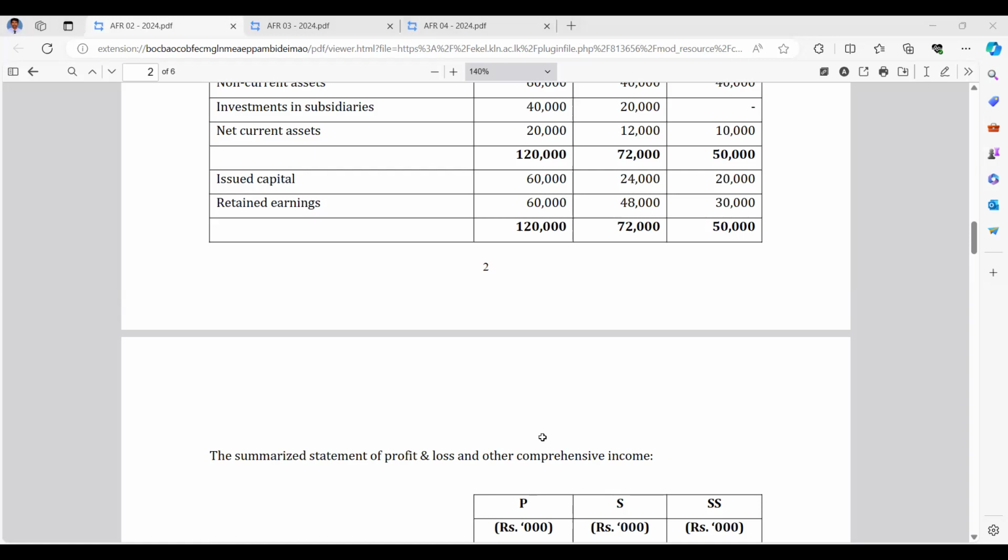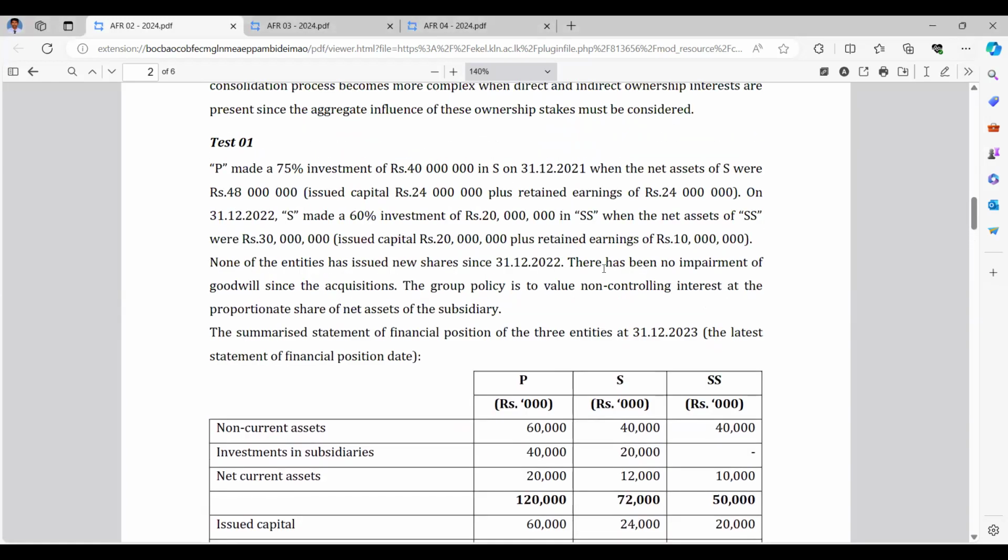So with that note, we can start. We can directly recognize the investment made by the parent in order to acquire its subsidiary, 75%, for 40 million. The investment account is credited and the cost of control is debited. Investment 40 million, we are using 40,000, let's say. On the acquisition date, we had the net assets.